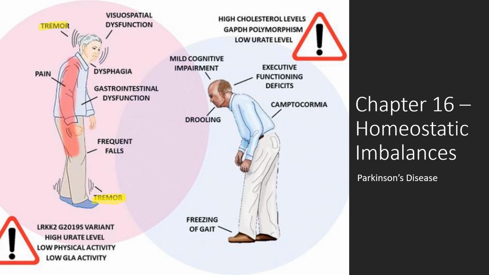Motor performance is also greatly impaired, and because of that, we have frequent falls. Also there is an interesting gait, a freezing gait, or stopping and starting kind of walking. A couple of other things: we do have a lot of pain associated with Parkinson's disease and also a lot of gastrointestinal dysfunction as well.